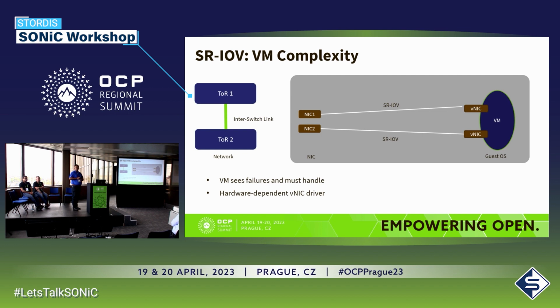There's another solution from Intel, single root IO virtualization. What this does is it takes the problem away from the hypervisor, or removes the hypervisor, but moves it to the guest OS. Now the VM has to be aware of the NIC, and any problems that happen with the NIC or the TOR, the VM now has to manage. You also have custom drivers, which again have to be managed by the VM, and the different configurations that come up are very difficult, and now you push the solution onto the guest OS.